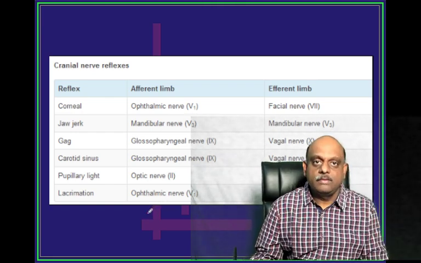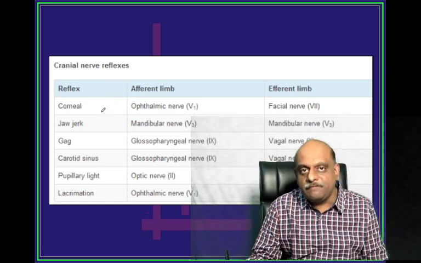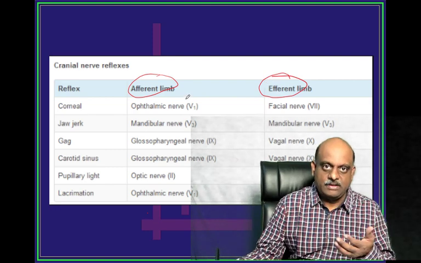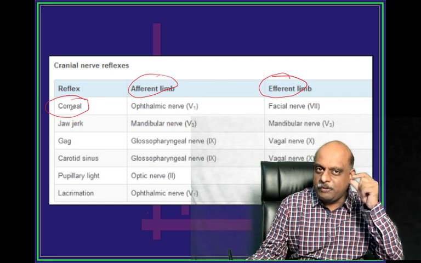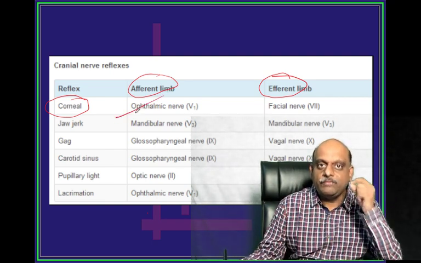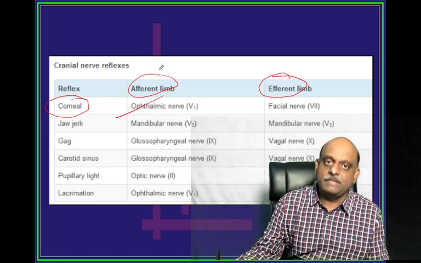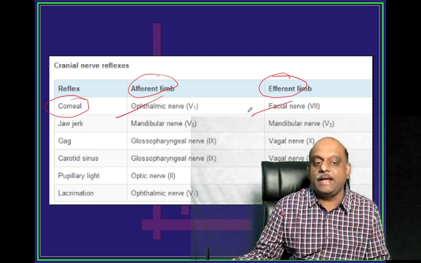Now, quickly tell me, doctor, what are the various reflexes? What are their afferent and efferent limbs? You should be very sure about this. Corneal reflex, when you touch with a wisp of cotton: the ophthalmic nerve, a division of the trigeminal, right? That is the afferent, and the facial nerve is the efferent that closes your eyelid.